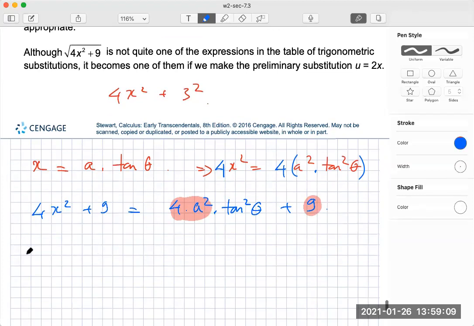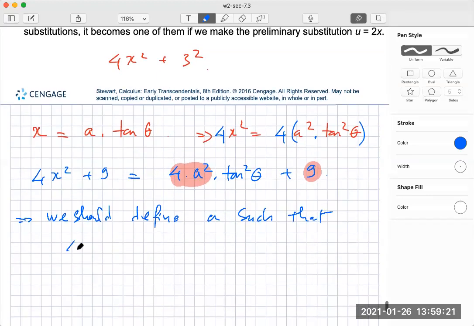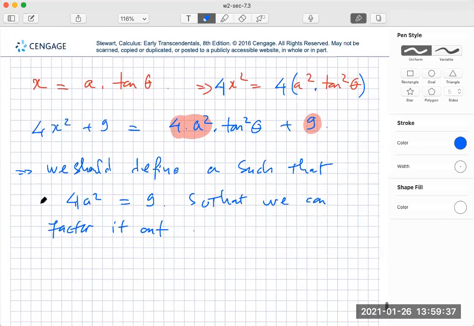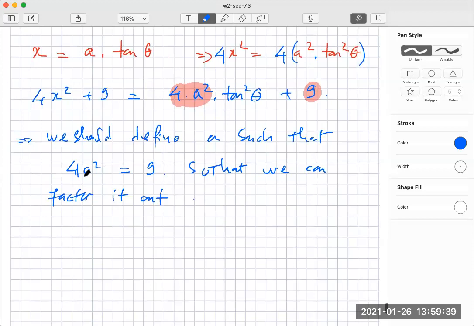Such that 4a squared is 9, so that we can factor it out. So from this, we want 4a squared equal to 9.